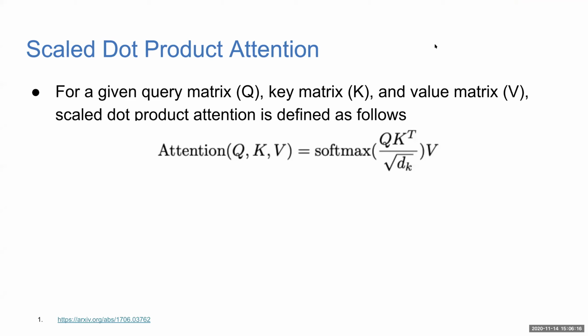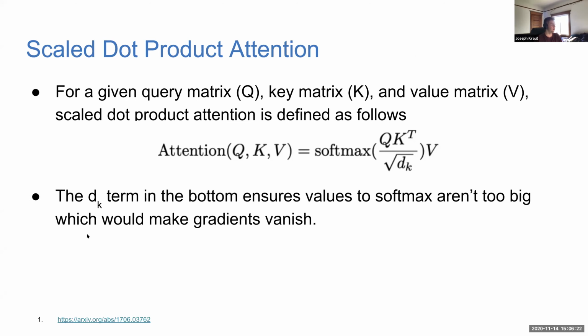Okay, I'll keep moving, and this is something that you will get more practice with next week in specific. And lastly, to touch on what I said not to worry about before, the term DK in the bottom ensures that values aren't too big in the softmax.